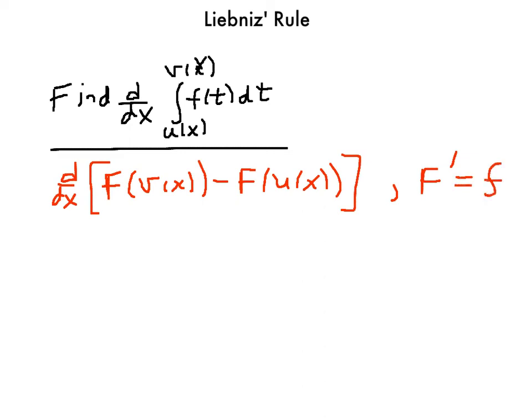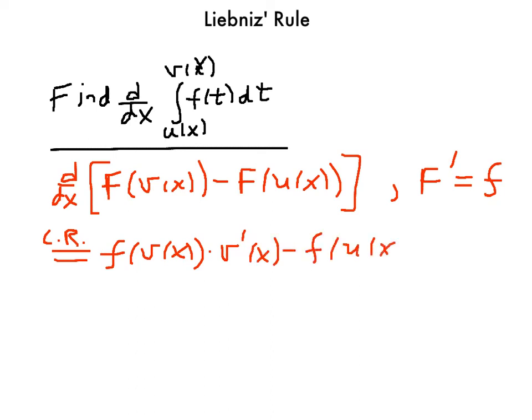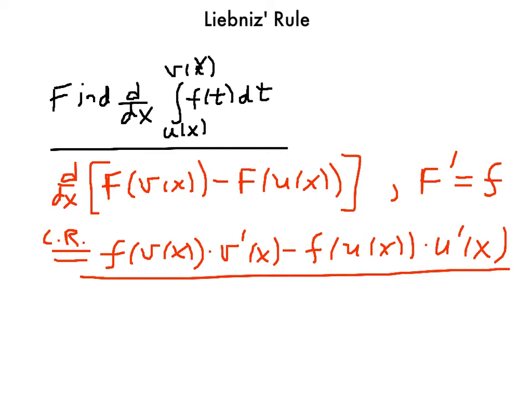So, by the chain rule, we have f of v of x, because the derivative of big F is little f, times v prime of x minus f of u of x times u prime of x. And this is known as Leibniz rule, and it pops up from time to time.